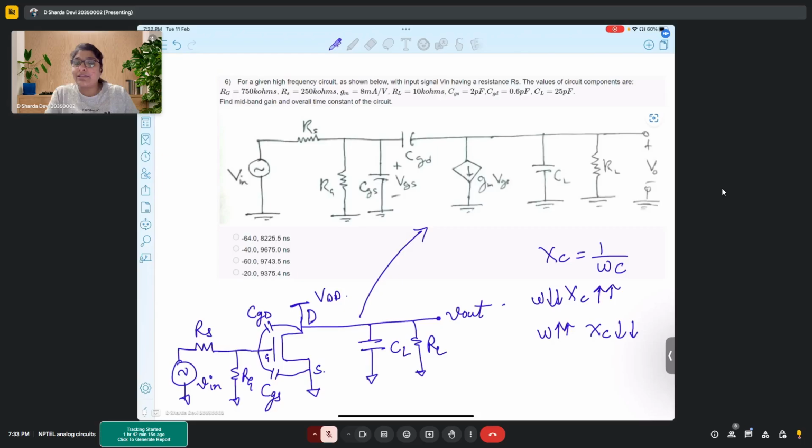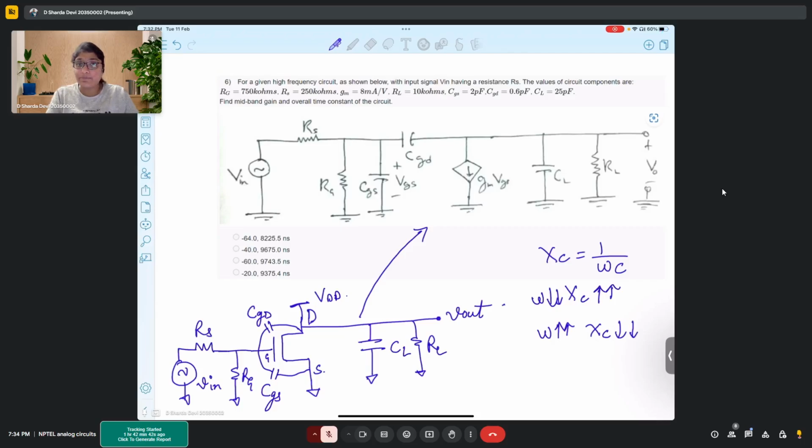If they are connected in series, short circuited capacitors are beneficial to us. If they are connected in parallel, open circuited capacitors are beneficial to us in terms of simplifying the analysis. So it's very important to understand how the capacitors are actually connected in the circuit.